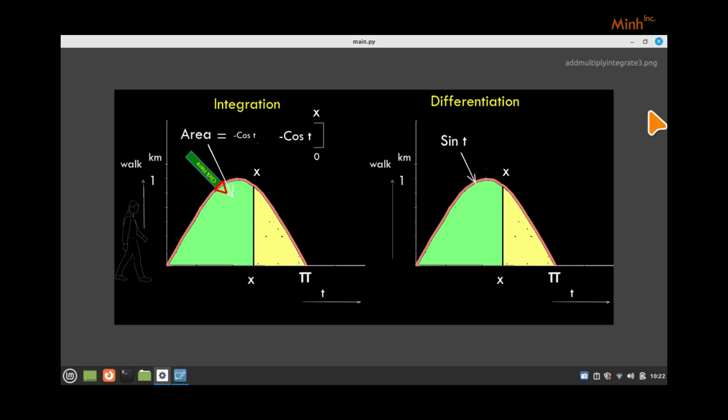So if we know the equation of this line, then calculating the area is integration. If we know how many kilometers he is collecting at a particular time, that is his speed at a particular time, how many kilometers he has walked, that is the area, that is integration. If we know how many kilometers he has walked, then what is his speed, that is differentiation. So I can write like this.